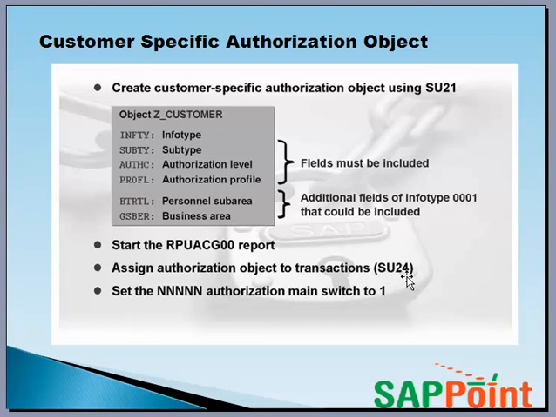Now we saw in one of the earlier sessions that there are authorization switches that affect the behavior of security in HR. So to make use of a customer specific authorization object, there is an authorization switch that needs to be activated, and that switch is NNN in the transaction OOAC.